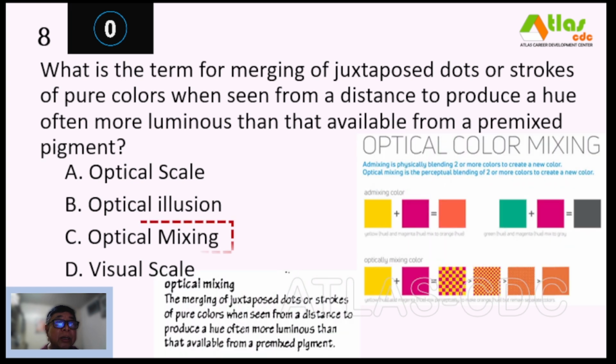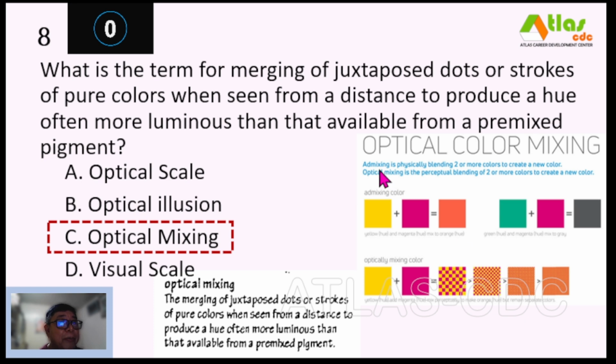And our correct answer is letter C, optical mixing. So it is the merging of juxtaposed dots or strokes of pure colors when seen from a distance to produce a hue often more luminous than that available from a pre-mixed pigment.